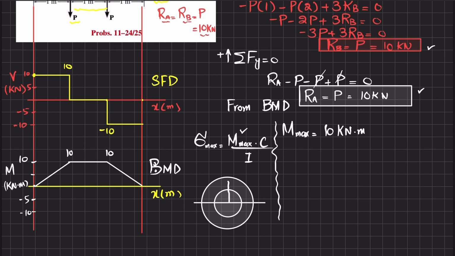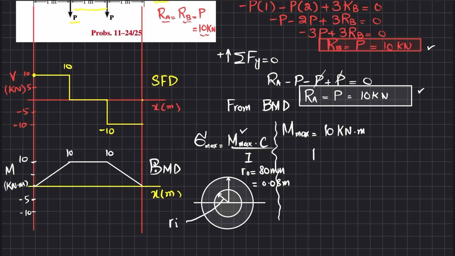So the outer radius R outer is given as 80 millimeter. So in meter it will be 0.08 meter, and the inner radius is Ri, which is not known.